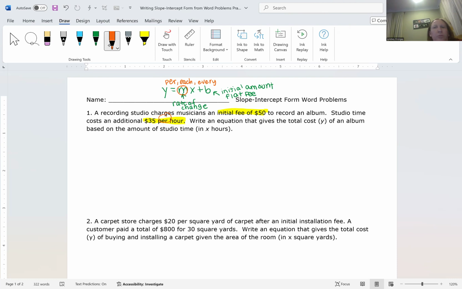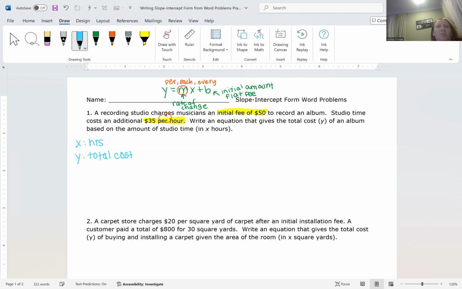Write an equation that gives the total cost Y of an album based on the amount of studio time in X hours. As you do these, it might be helpful to jot down on the side what your X and your Y are. X is the number of hours at the studio, and Y is the total cost. That helps put things in the right spot.